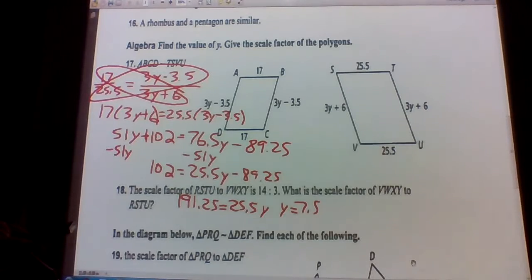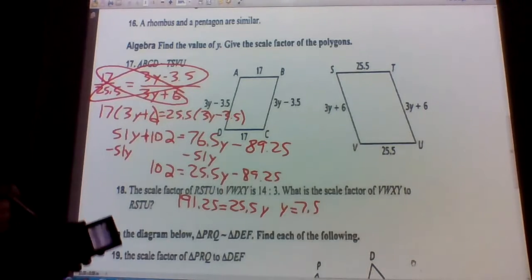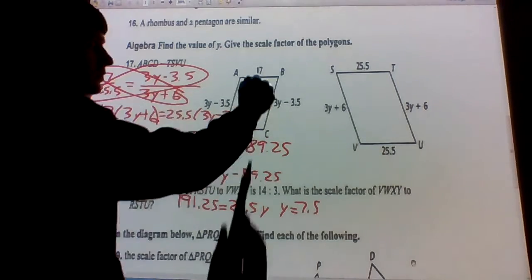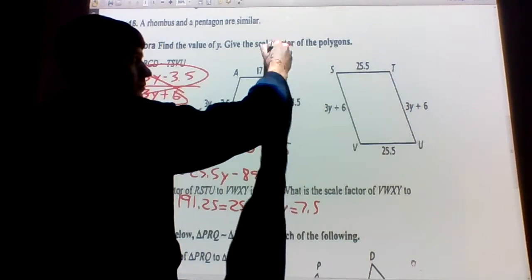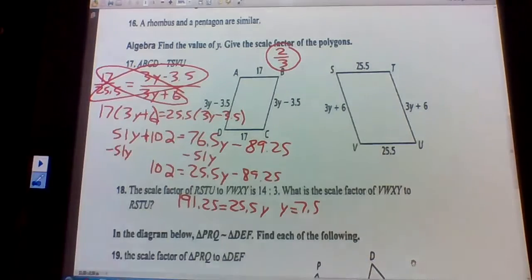And then 17 divided by 25.5, we also are going to get 2/3. Right, so our scale factor is 2 over 3.